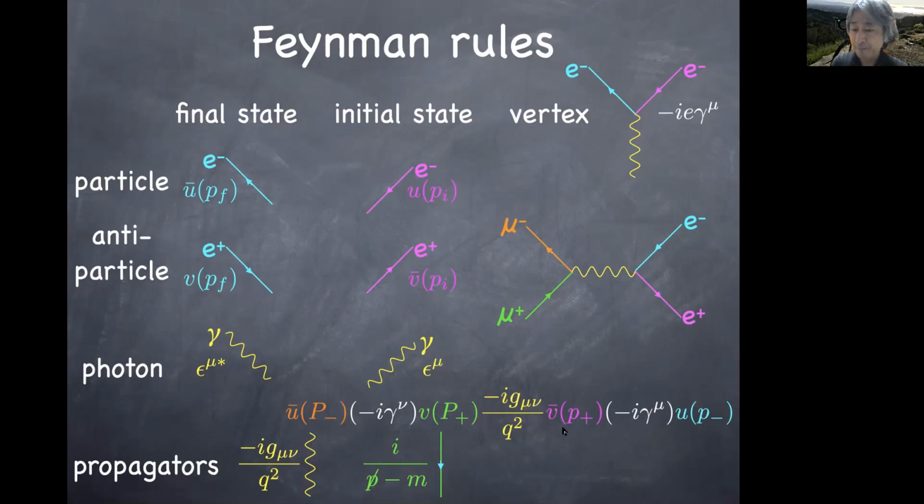So v bar for the full momentum p plus, and this photon propagator. And the final state anti-muon is treated as the negative energy solution going backwards in time. So v of capital P plus. So this anti-muon has full momentum P plus. And here's a vertex, minus i e gamma^nu. And the final state muon is a positive energy solution barred, with the momentum P minus.